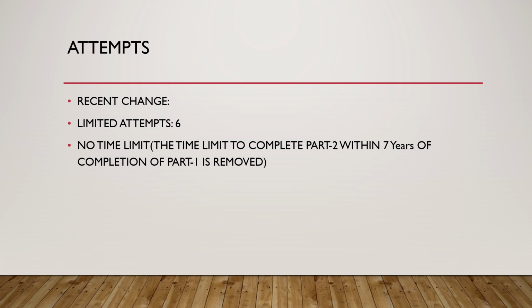That was the previous rule, and it became difficult for people approaching their time limit. So this time limit has been removed recently, and there is only a limit on the number of attempts, that is 6 attempts for each step. So if you passed your MRCP part 1 7 years ago, you will be eligible to write part 2 now. The rule of 7 years is no more.